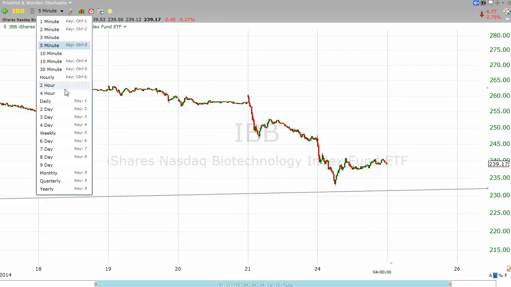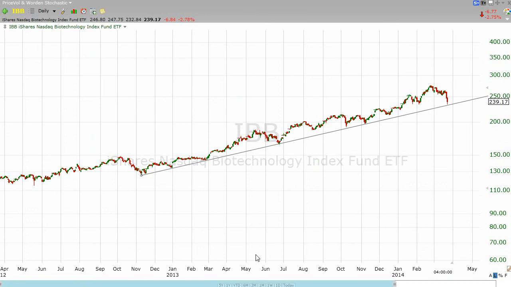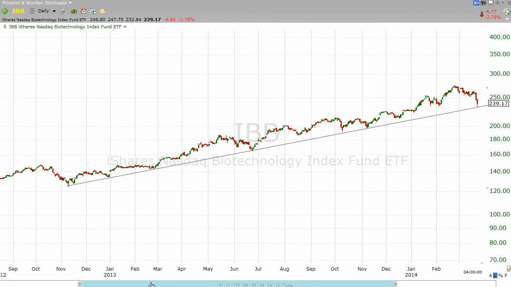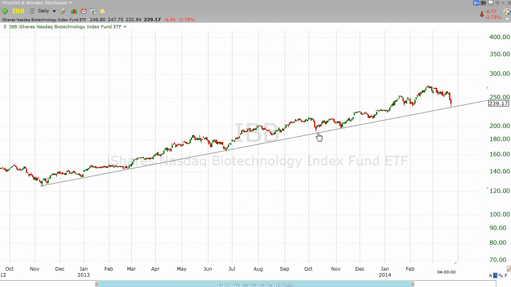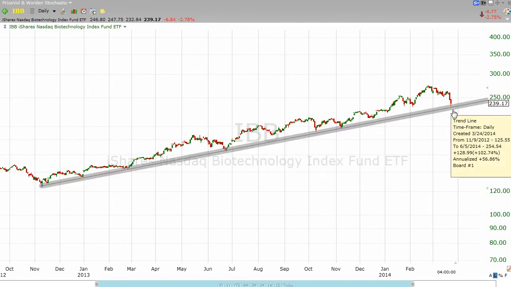Now, if we back out on this and take a look at a longer term chart, you can see that there may be a reason to expect at least some kind of bounce here, because we have 1, 2, 3, 4, 5, 6, 7 touches now on this support line.